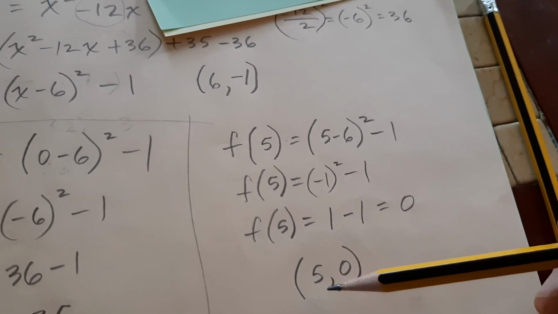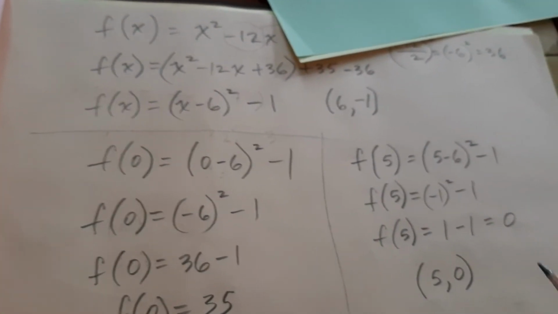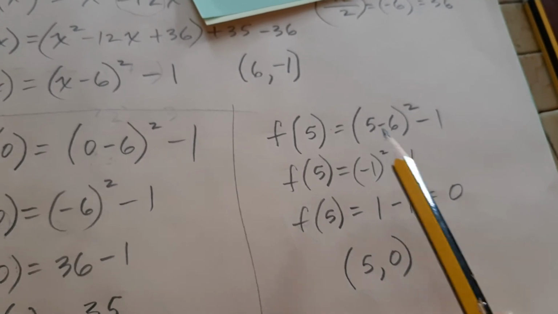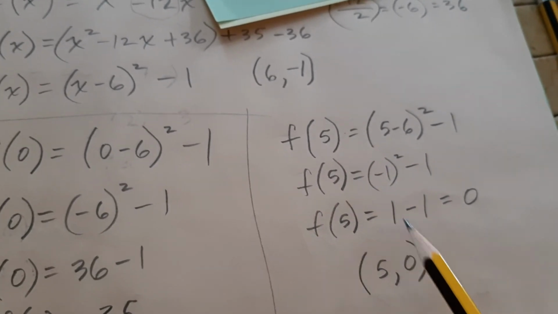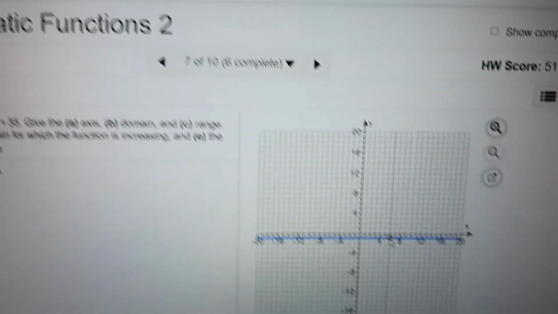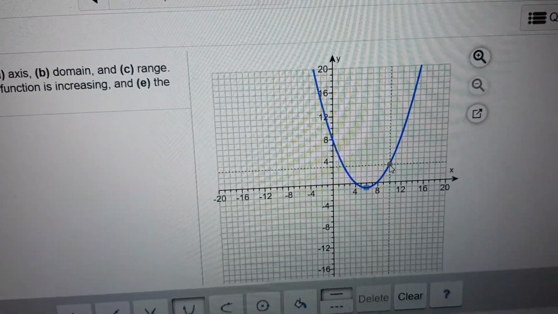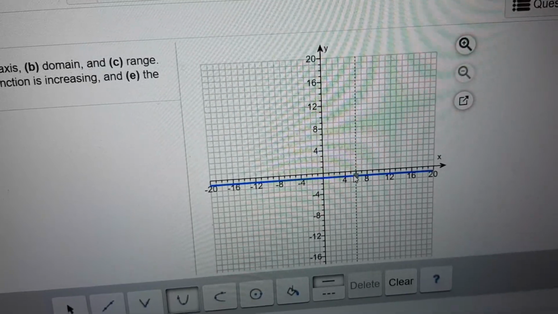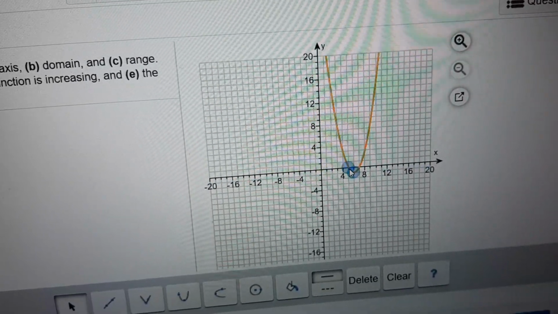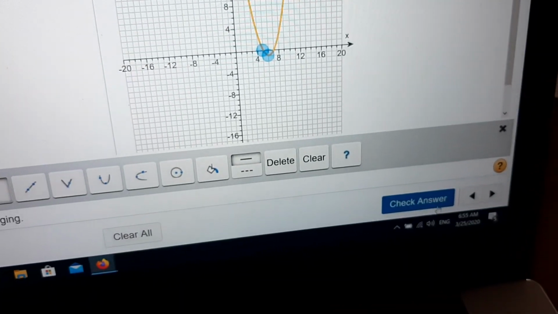Here I have the point 5, comma 0, and you can also try it with 7: put in a 7 here, you get 1 squared minus 1, you get 7, comma 0. Go back over here, 5, comma 0. That locks it in, and you can check your answer.